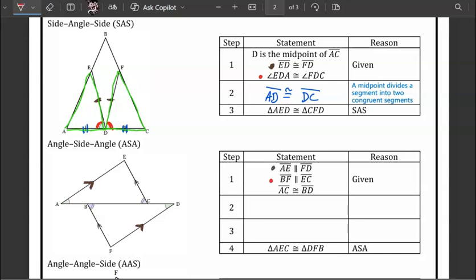On the next part, we are given that segment BF is parallel to segment EC. To not confuse them with the previous ones, we'll draw two arrows on each side instead of just one.